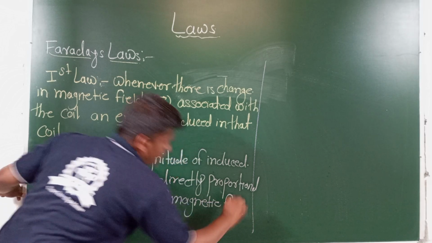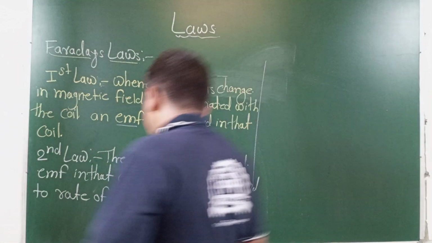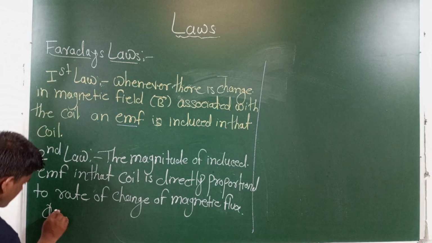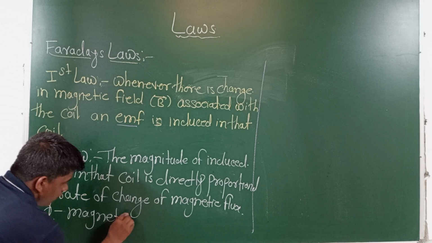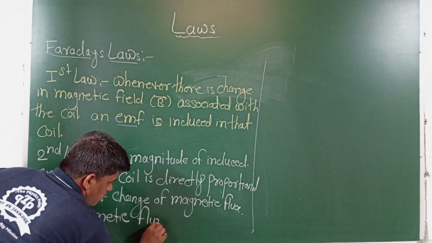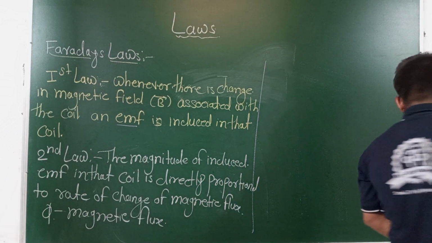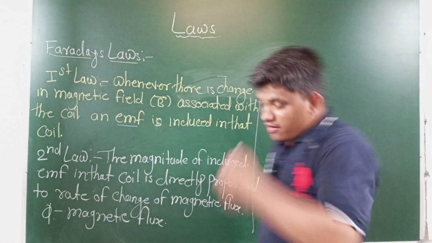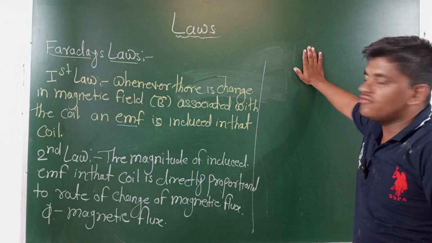Magnetic, not field, it is magnetic flux. Let us consider phi is the magnetic flux, which can change, and the induced EMF which is produced is stated by Faraday's first law.